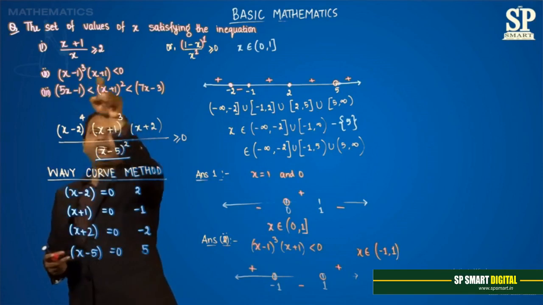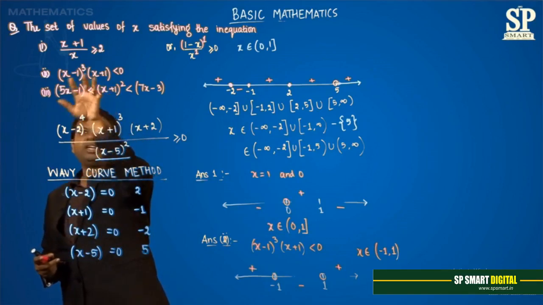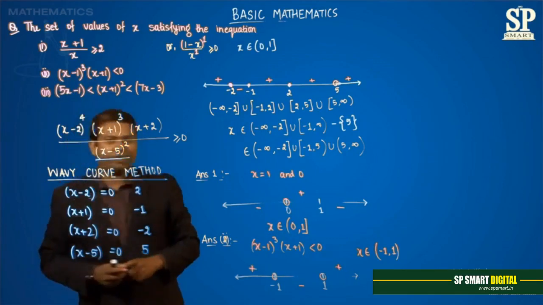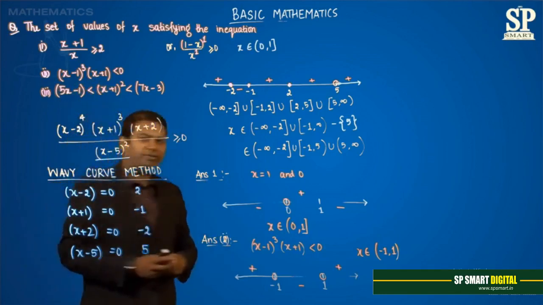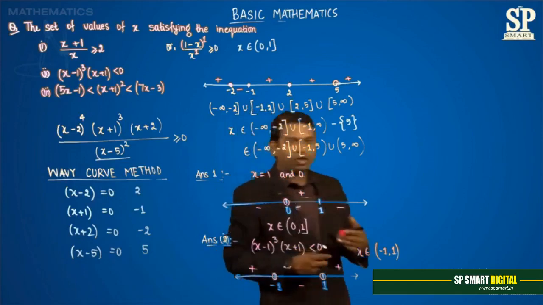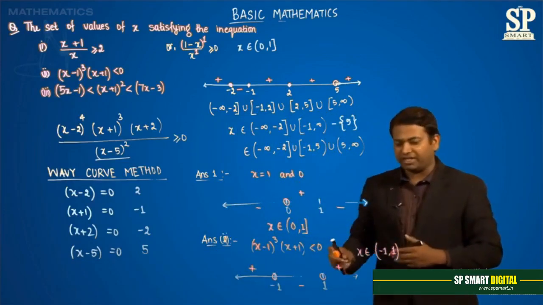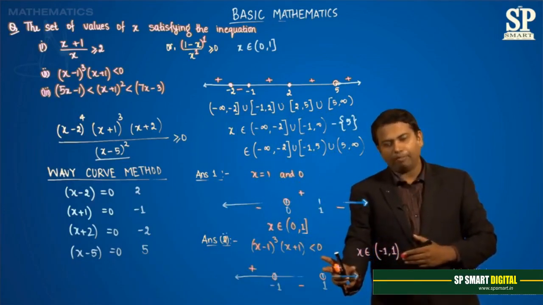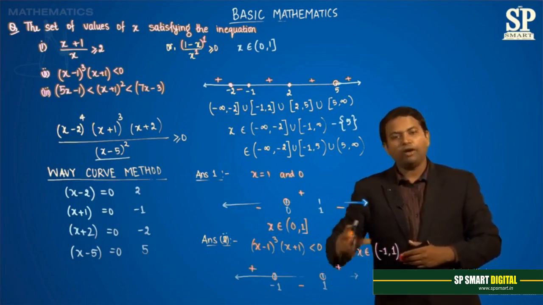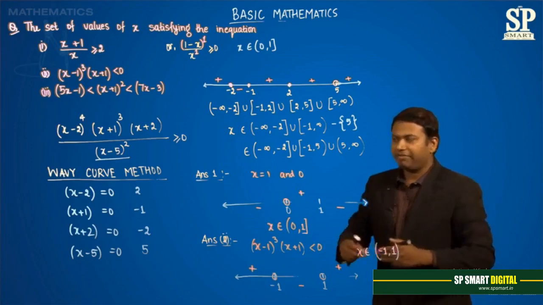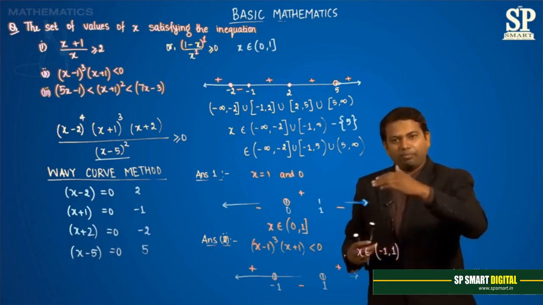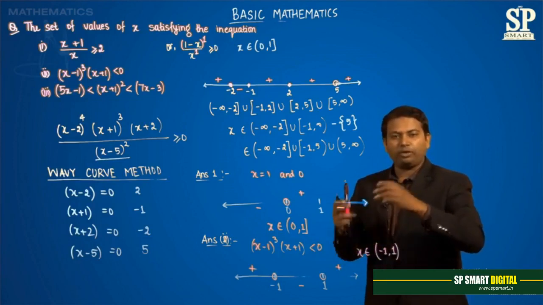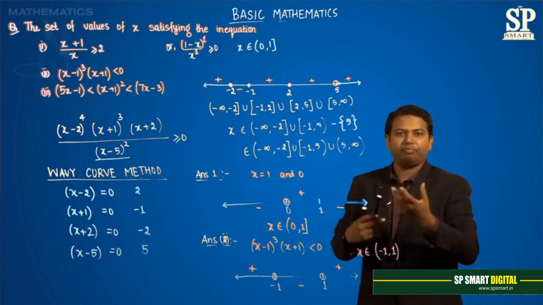Because if you look at this expression here, the highest degree of x is 4, which means that x raised to power 4 is having a positive coefficient, and hence we have a positive sign on the first interval on the right hand side for obvious reasons, because if we have x to the power 4, if x is very large, a positive number is multiplied to x raised to a very high power.